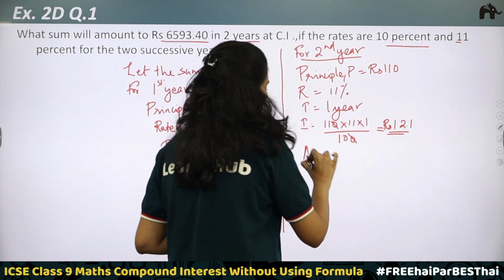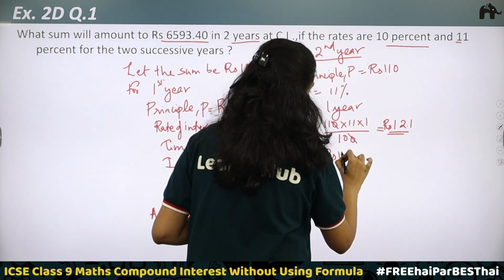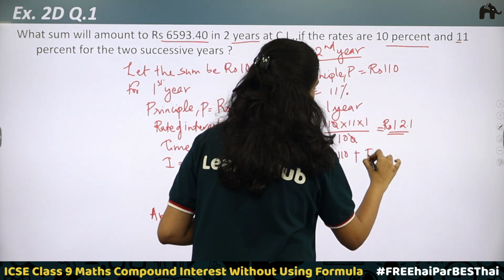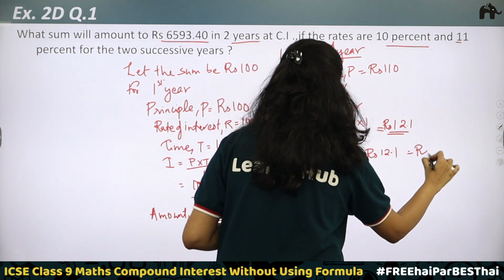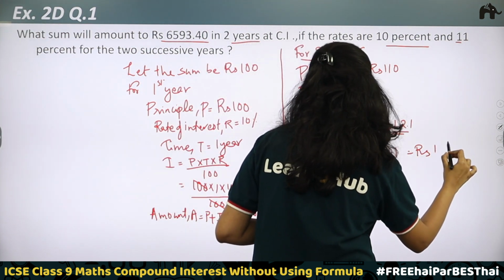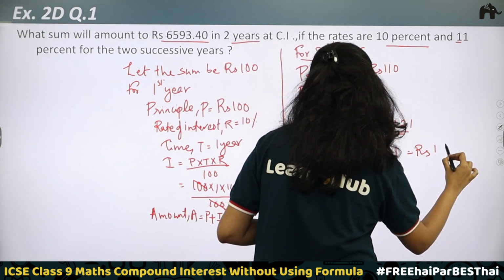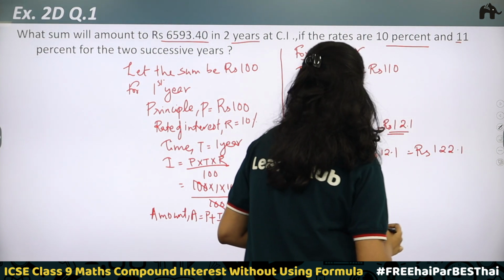Now, what is the amount? Amount is principal plus interest. Here, the principal is rupees 110 plus rupees 12.1, which is 122.1.